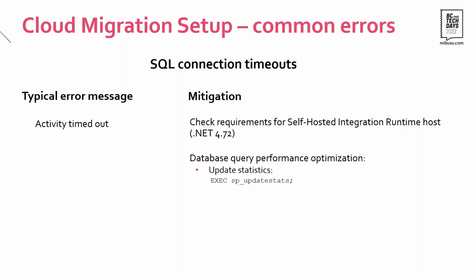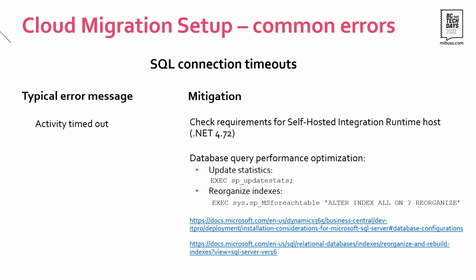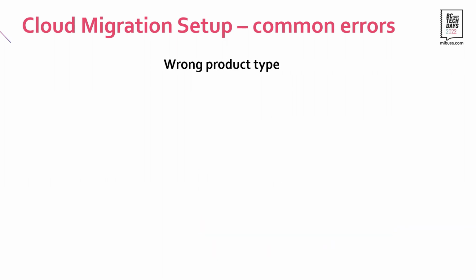So one of them is to update the statistics, the query performance statistics, which you can do by running this stored procedure, and also the indexes. So by reorganizing the indexes, we have seen also performance improvements and avoiding timeout situations. So there's a couple of tips. Also, we post this on the documentation. Have a look there.